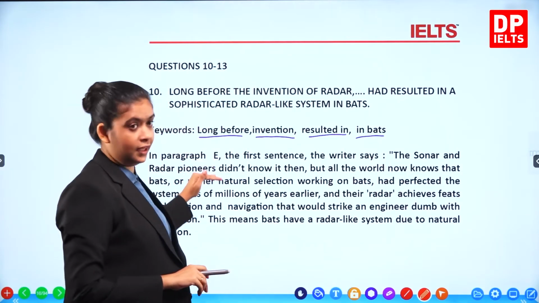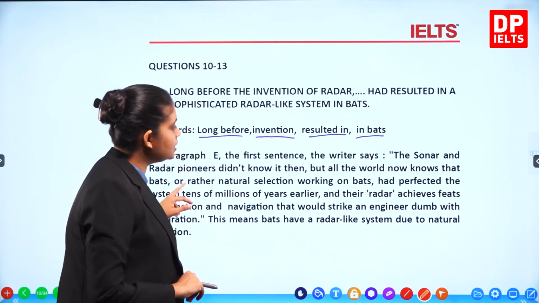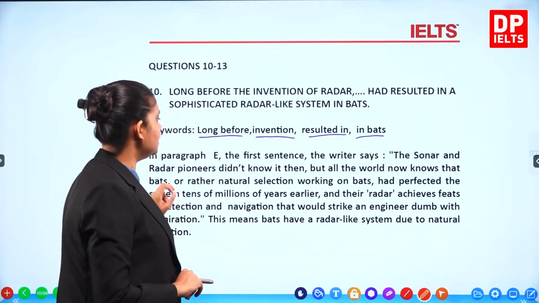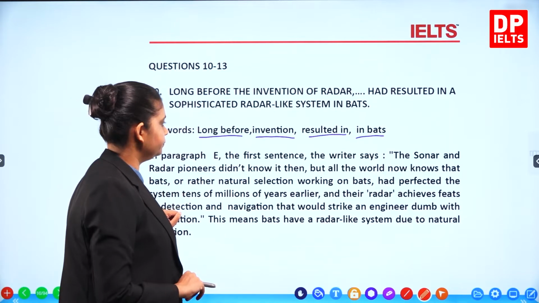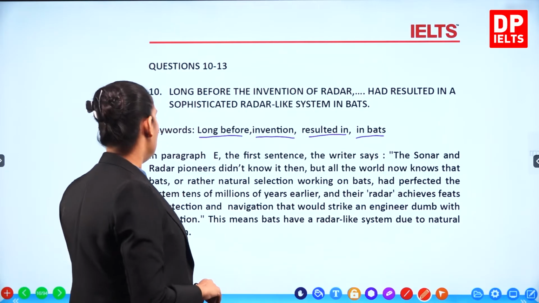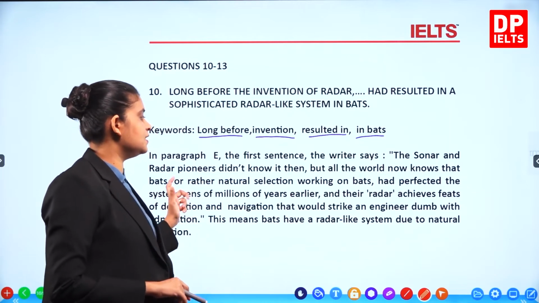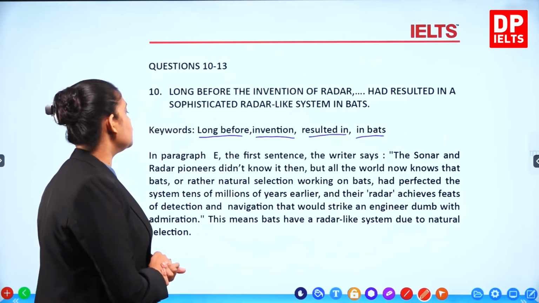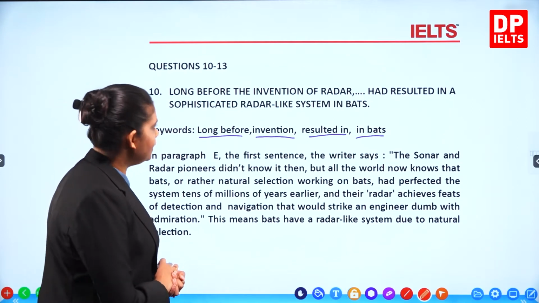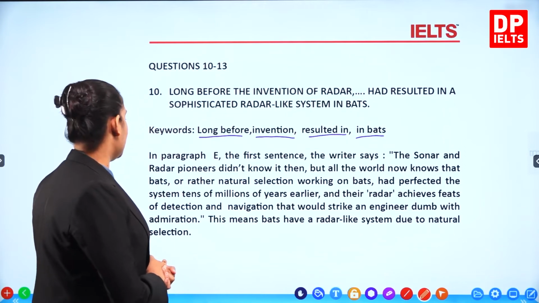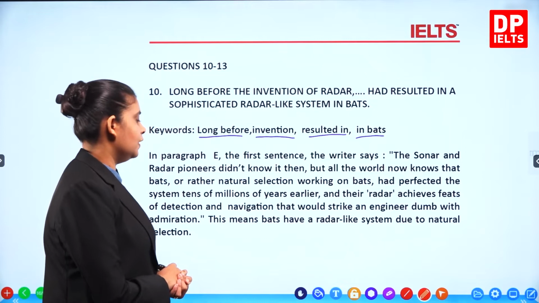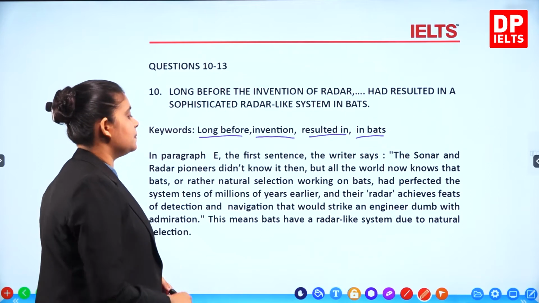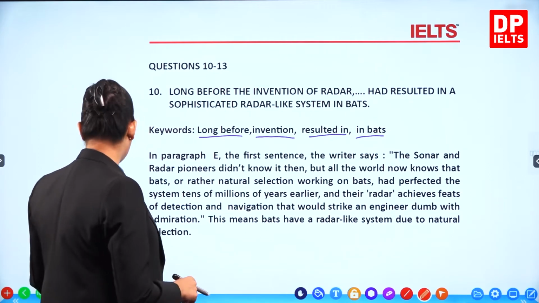So, in paragraph E, the first sentence the writer says, the sonar and radar pioneers didn't know it then, but all the world now knows that bats, or rather natural selection working on bats, had perfected the system tens of millions of years earlier, and their radar achieves feats of detection and navigation that would strike an engineer dumb with admiration. This means bats have a radar-like system due to natural selection.